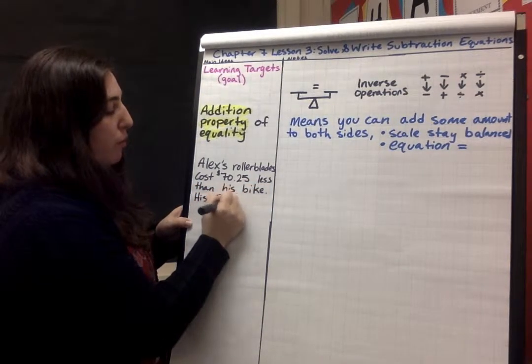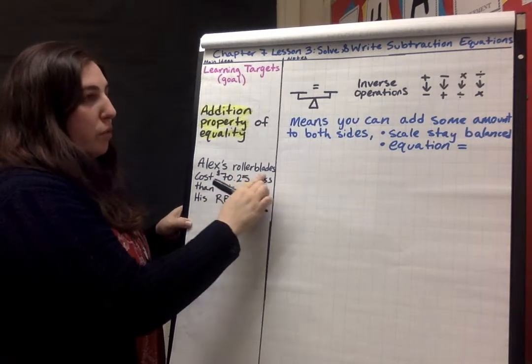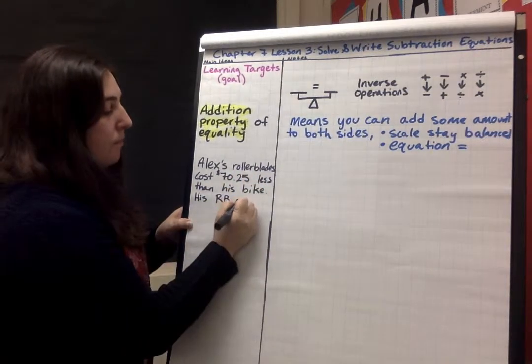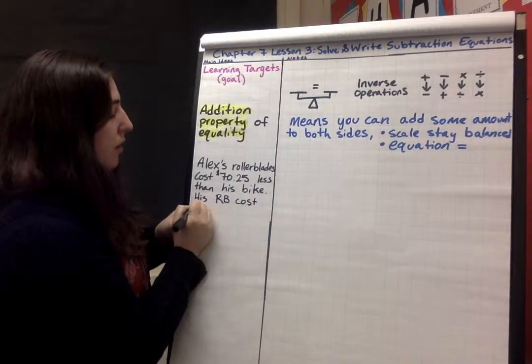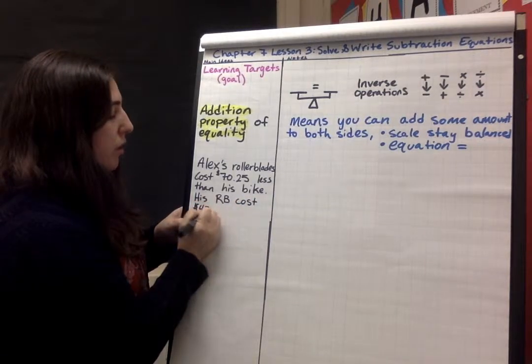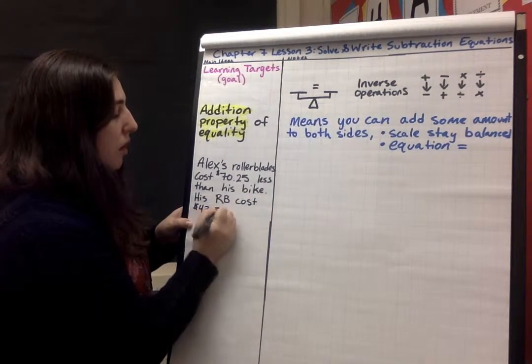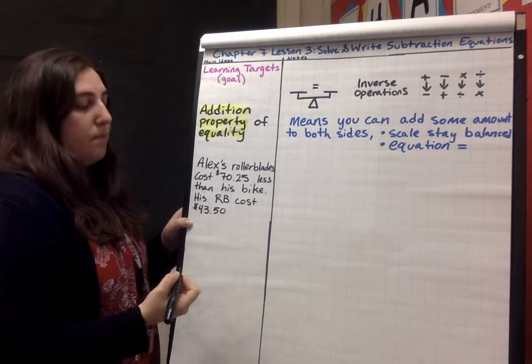His rollerblades, RB stands for rollerblades, cost $43.50.